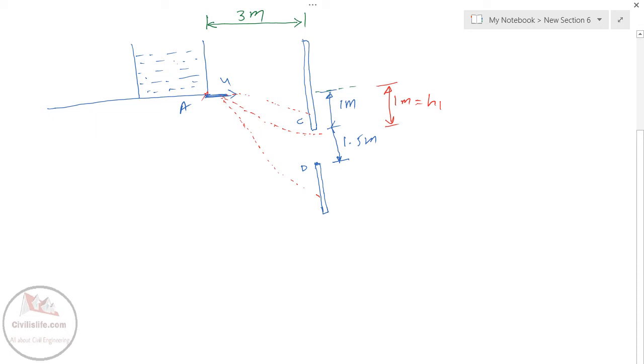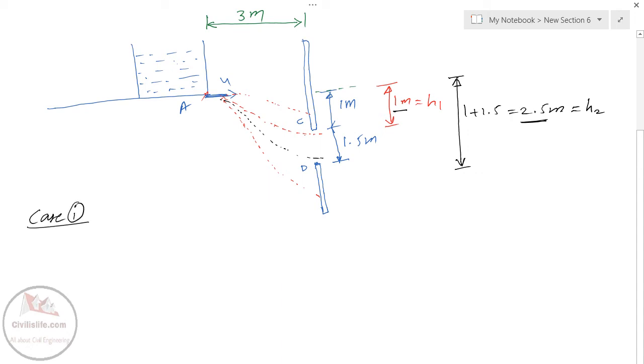In the other case, the water has to travel a distance of 1 plus 1.5 meter, that is 2.5 meter. Either it has to travel 1 meter or 2.5 meter, then only it's possible for the water to enter through the opening. I am writing this as H2 here. So there are two cases.